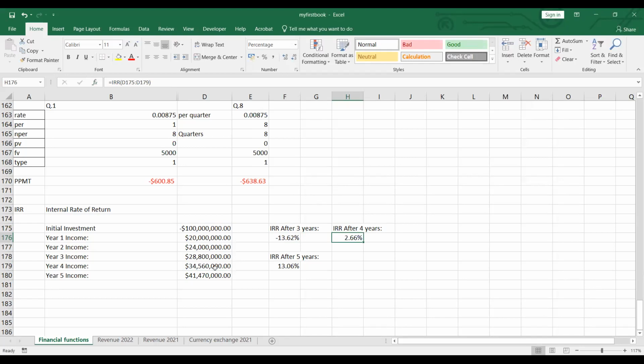If you remember, I told you that the time that it should be good is when IRR is positive 10% or above. So that means even after 4 years it is not a good time to invest more in this company, but after 5 years it is okay now because it has become positive numbers already. So this is the IRR, it's just like the numbers.